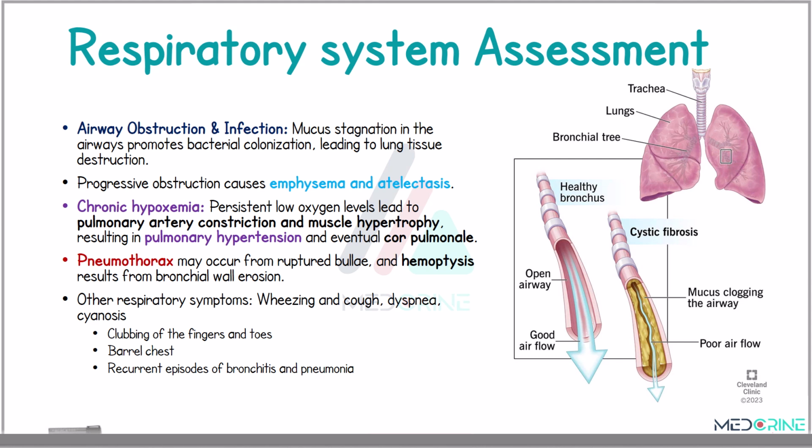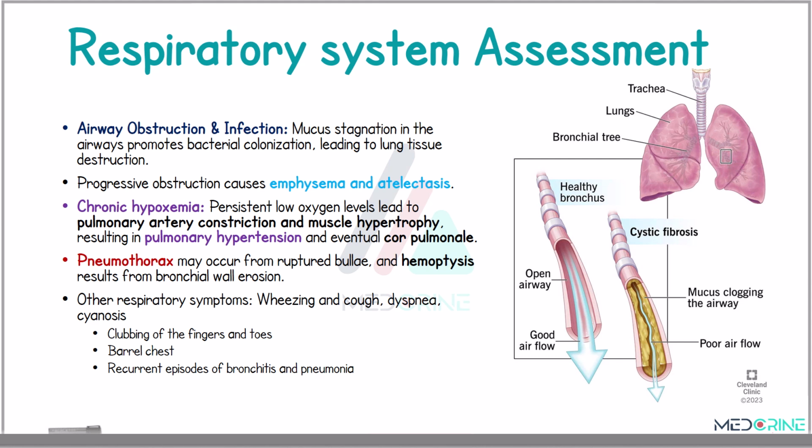Remember, mucus stagnation in the airways promotes bacterial colonization, leading to lung tissue destruction, and this progressive obstruction causes emphysema and atelectasis. These patients will be having chronic hypoxemia, where we have persistently low oxygen levels, leading to a development of pulmonary artery constriction and muscle hypertrophy, which results in pulmonary hypertension, and eventually it can lead to a development of cor pulmonale.